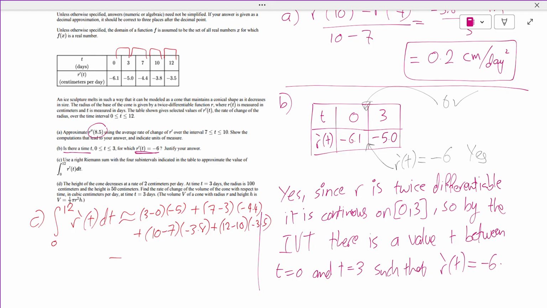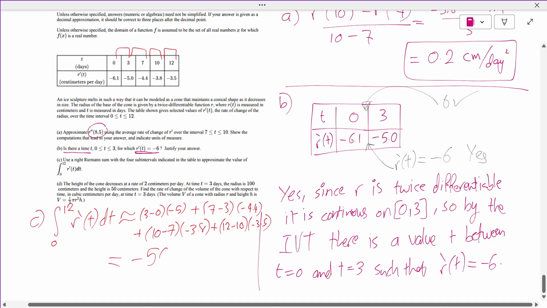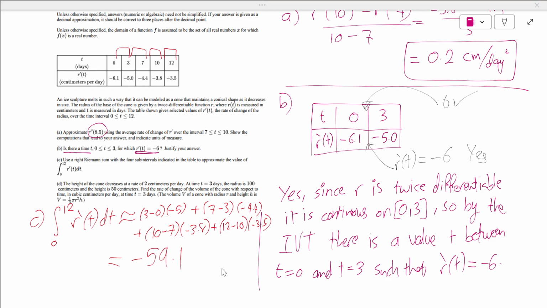And this simplifies to what? Let's check it quickly. This simplifies to minus 59.1. Let me double check. No, minus 51.